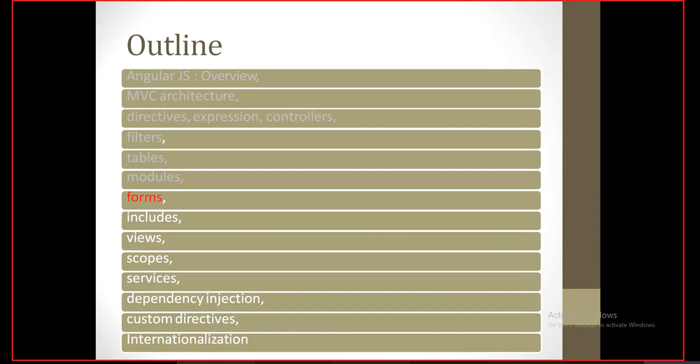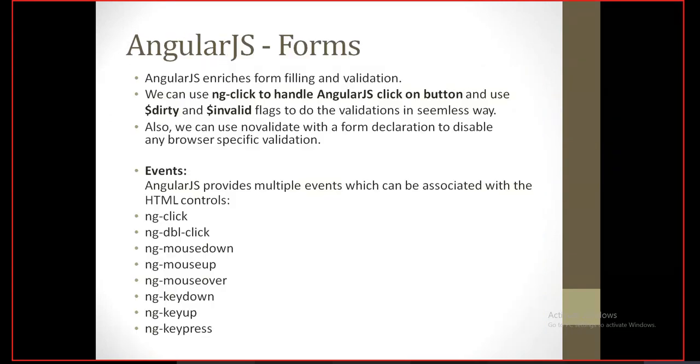Forms. Now talking about forms, there is a set of events that we need to handle, and for each of the events we have a separate directive. The most common event that we use is onClick.